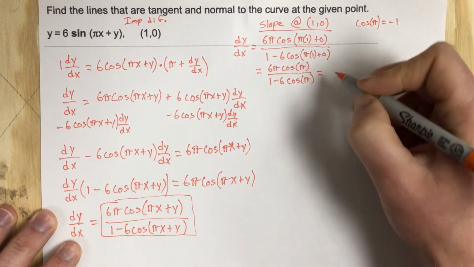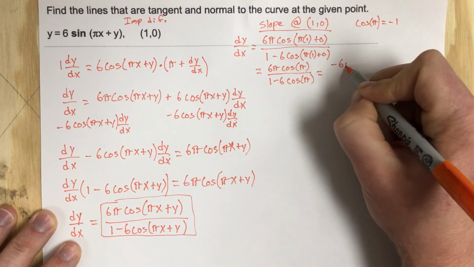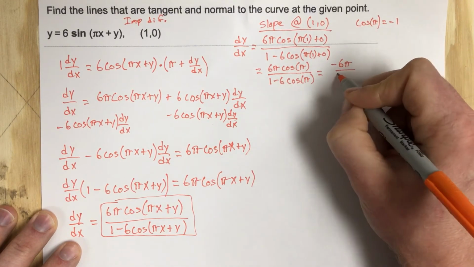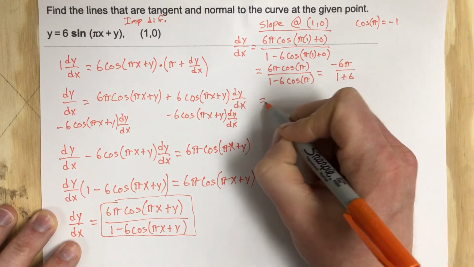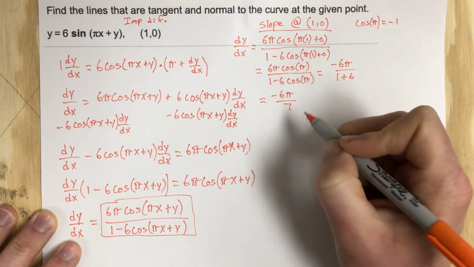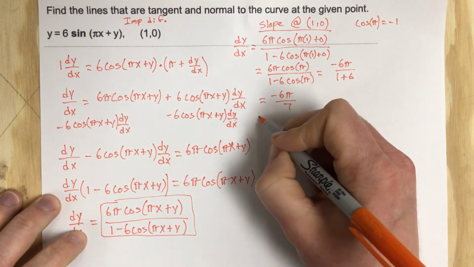So we're going to say that this is -1 and this is -1, so we have -6 pi on top, and this will be -1 here, so it's 1 plus 6. So we end up with -6 pi over 7 for the slope. So this is the tangent slope.